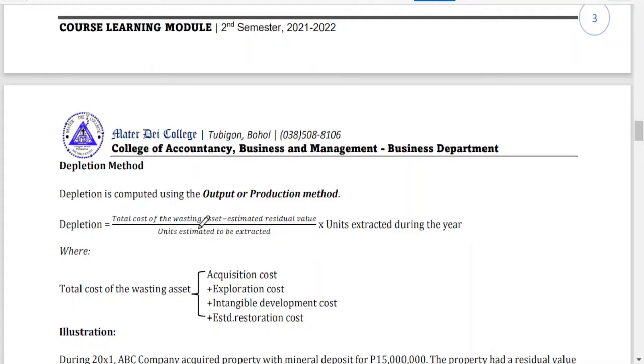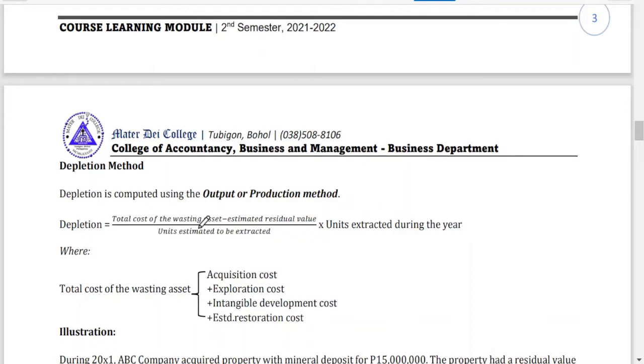If you can still recall, we have the sum of the year's digits. We also have the declining balance method. We have the production method. We also have the service hours method. We also have replacement method, and so on. For the depletion, you can use the output or the production method.